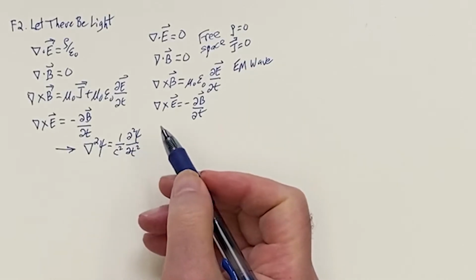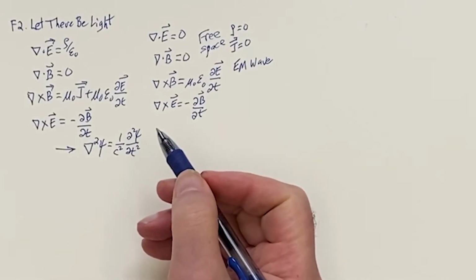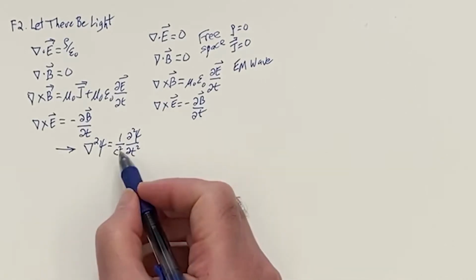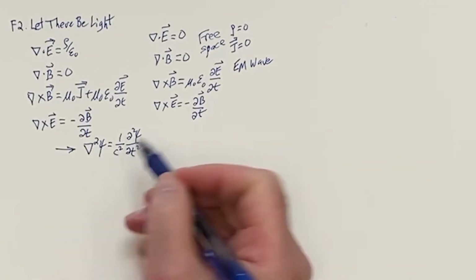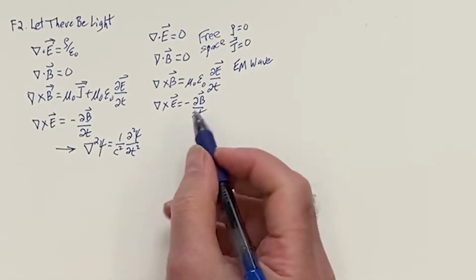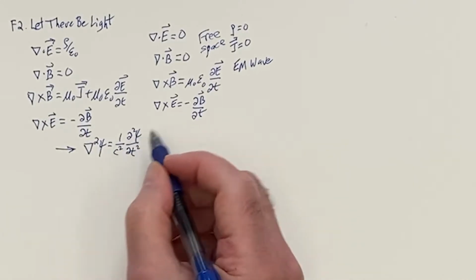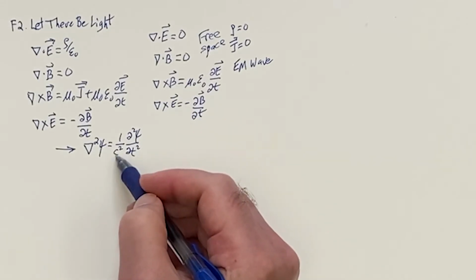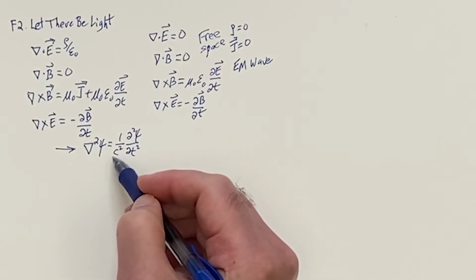Or you may have been just playing with the equations to try to discover something, and you stumble on an equation that looks like this, all right? So, either way, we're going to look for manipulation of these mathematically to see if we can get a wave equation.